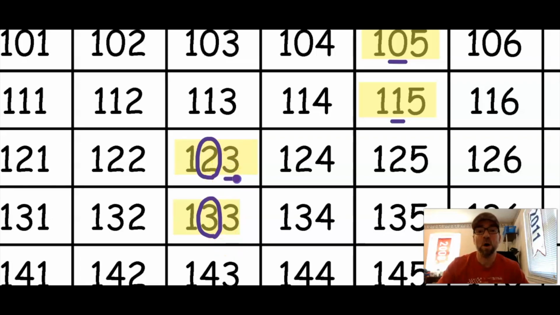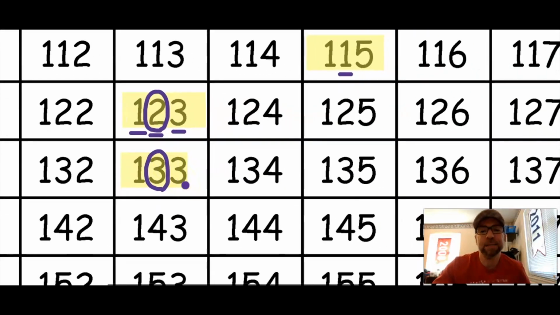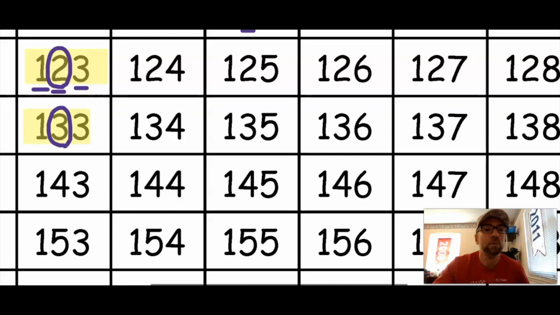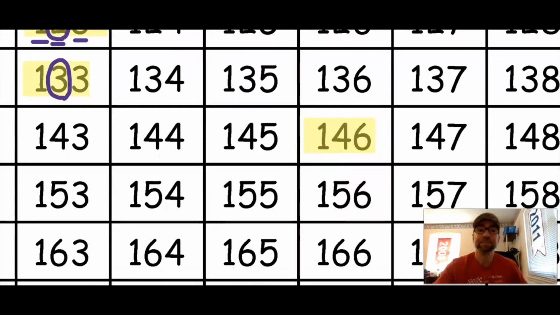Remember, we have the ones, the tens, and the hundreds. Let's try another. Let me see if here's another one. 146. If I wanted to add 10, the tens digit is going to change.